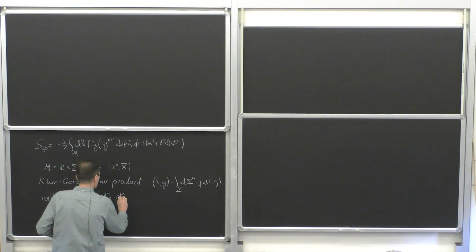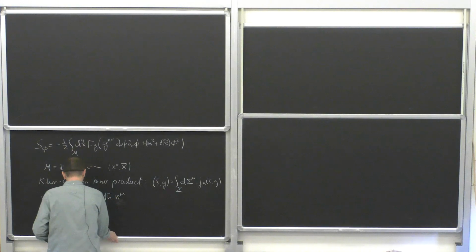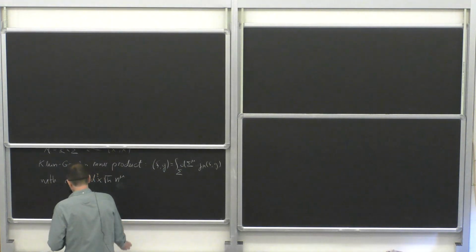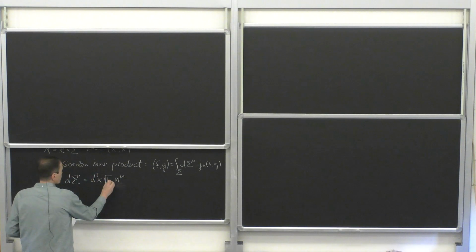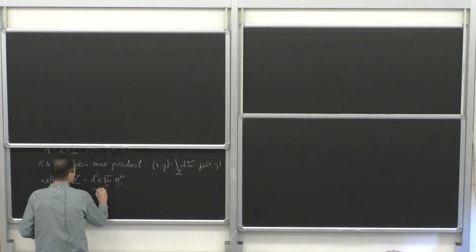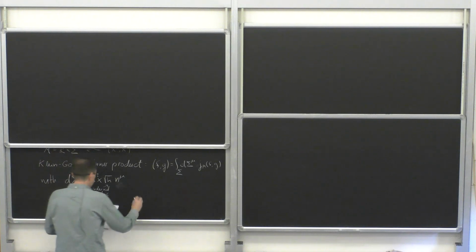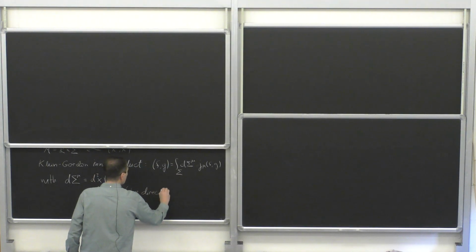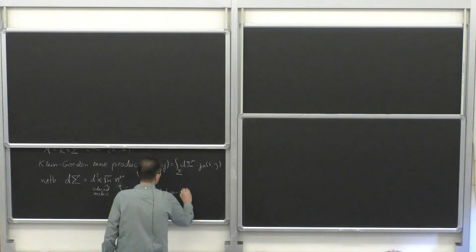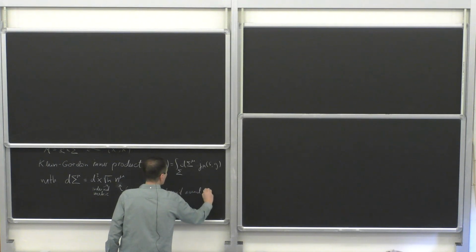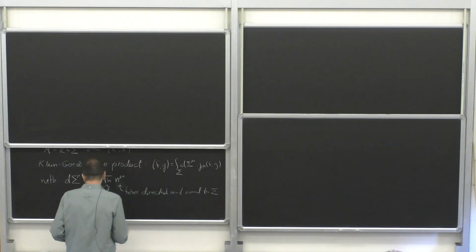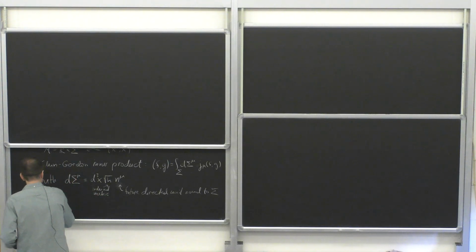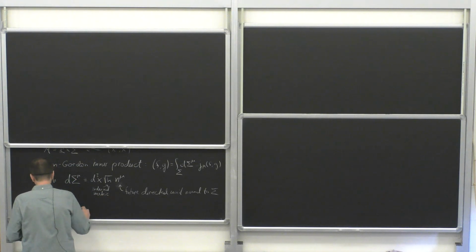So this is as before. This was the induced metric here, and this is a future-directed unit normal to the Cauchy surface. Okay, and then the current is given by the following expression.